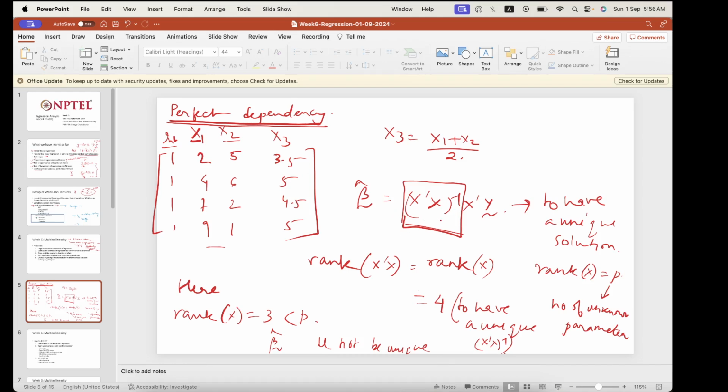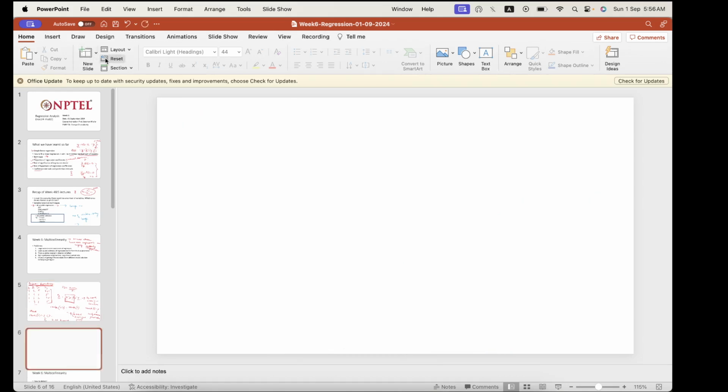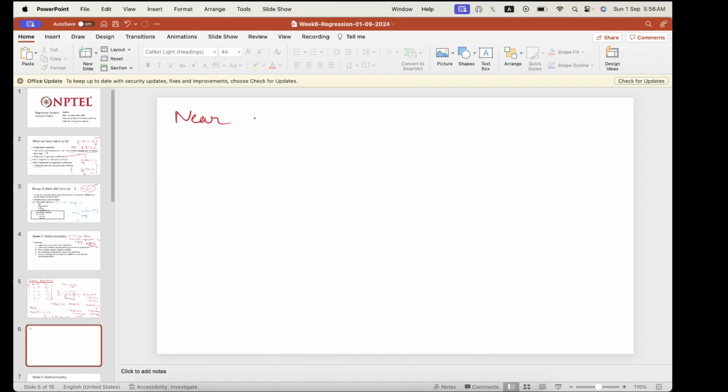Now what happens if there is not a perfect dependency? Let's say we have a near perfect dependency, and when I'm talking about dependency, I'm always talking about a linear dependency.